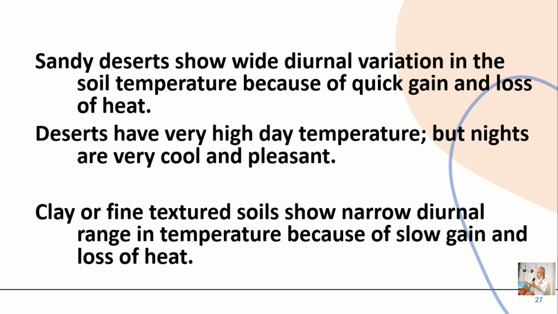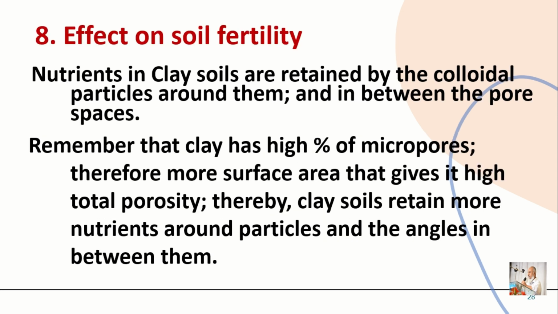Day temperature is unbelievable, harsh, unbearable. At night, we used to take a blanket. So sandy deserts have a wide range between high and low. Clay or fine textured soils show a narrow diurnal range, as I explained to you.